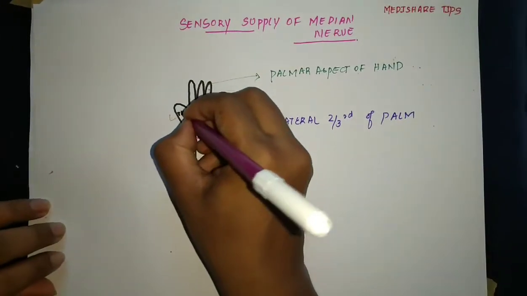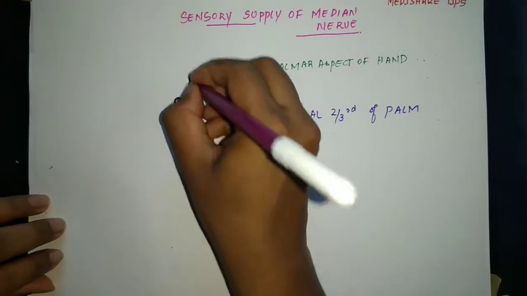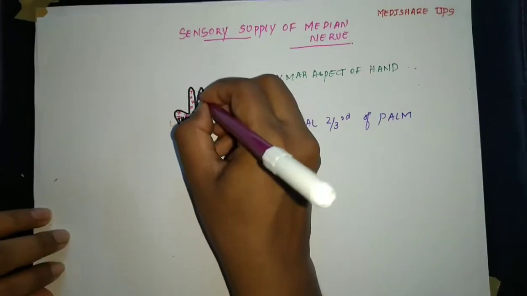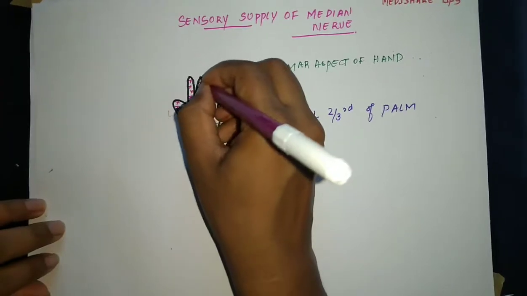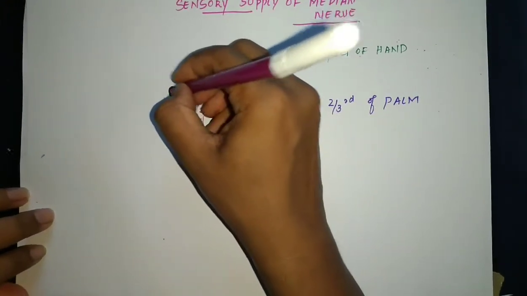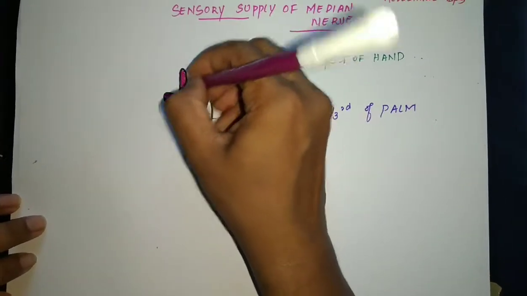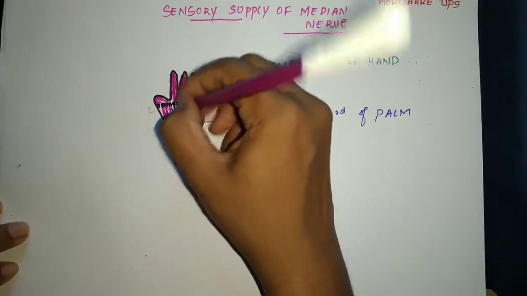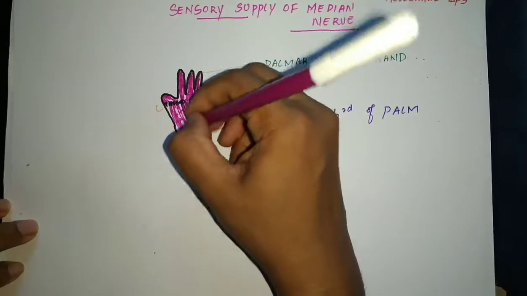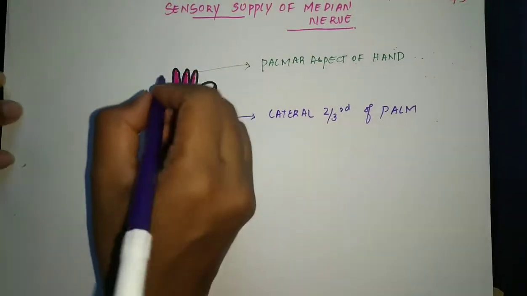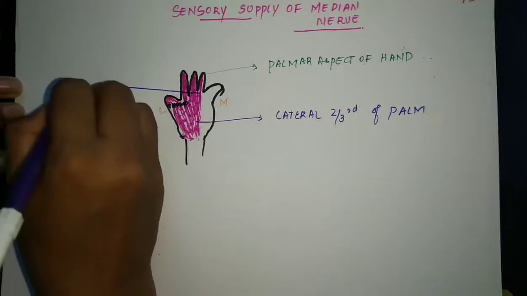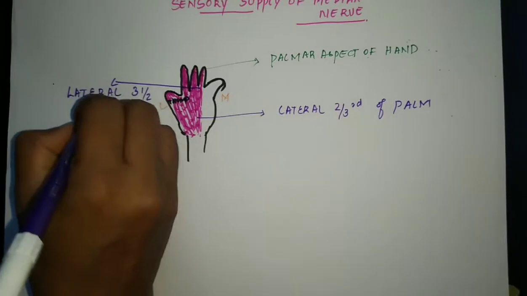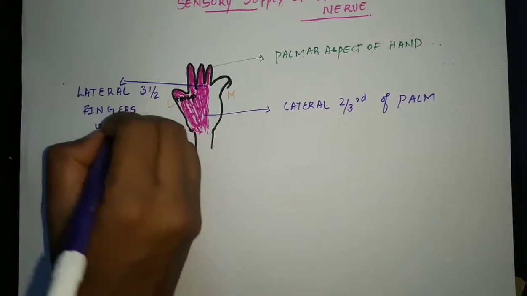And the lateral 3.5 fingers up to the distal phalanx.